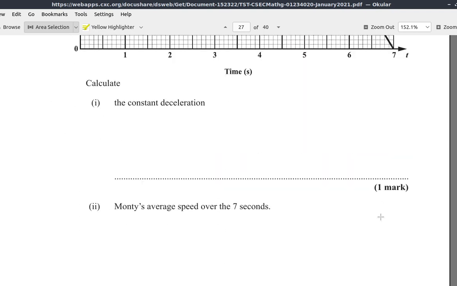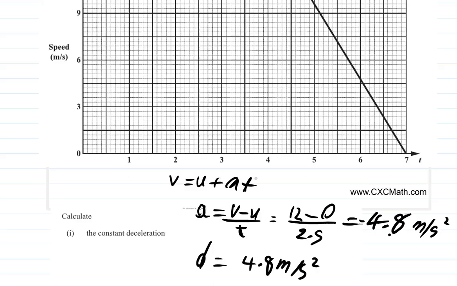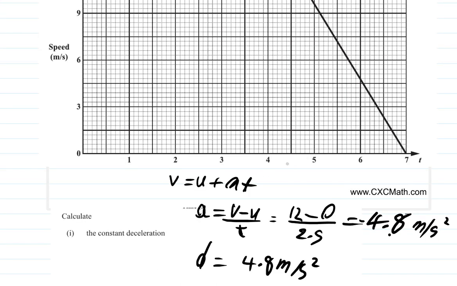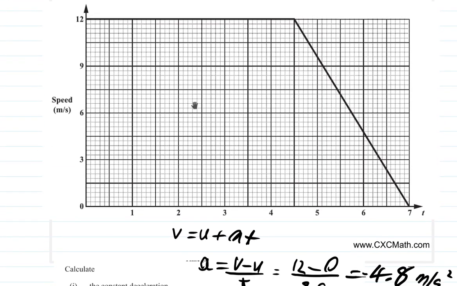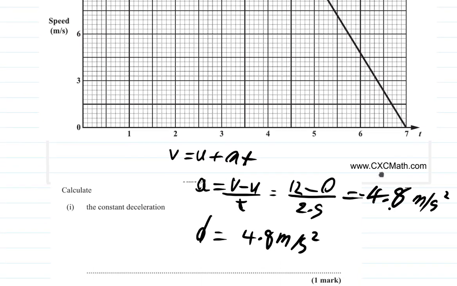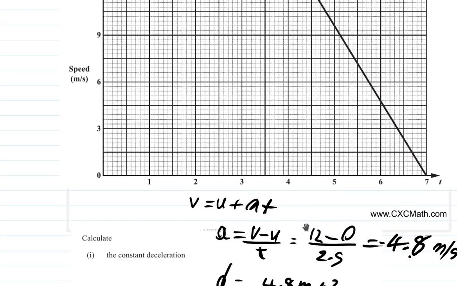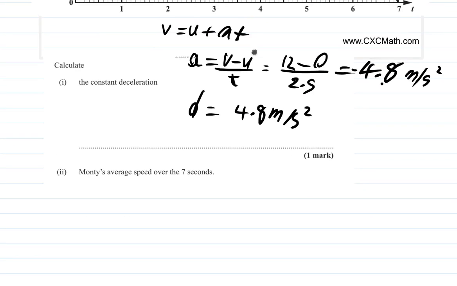Now, here it asks you for Monty's average speed over the 7 seconds. Well, here you have speed and then a deceleration. Now the average speed will be the total distance covered divided by time. So that's one way to think of it.